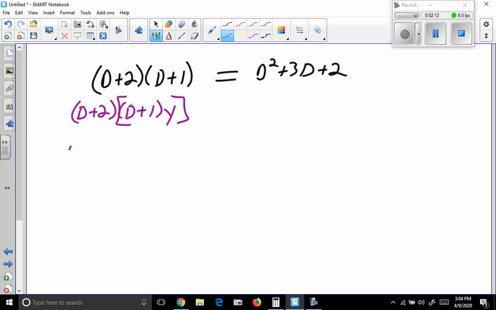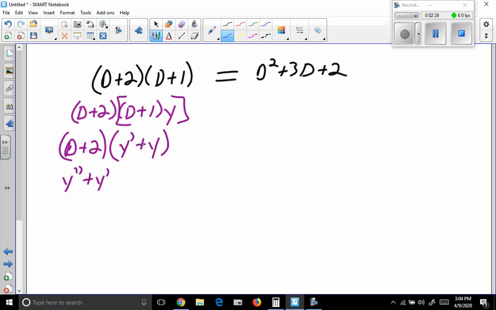So our inside operation, we're taking the derivative of y, so y prime, plus 1 times y, so y. And then to that, we want to do these operations. We want to do the operation, the derivative of that, and then the operation 2 times that. We take the derivative of that, we get the second derivative of y plus the first derivative of y.